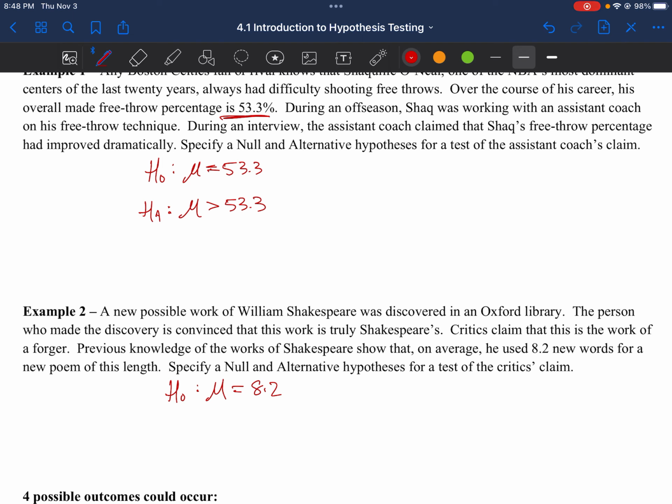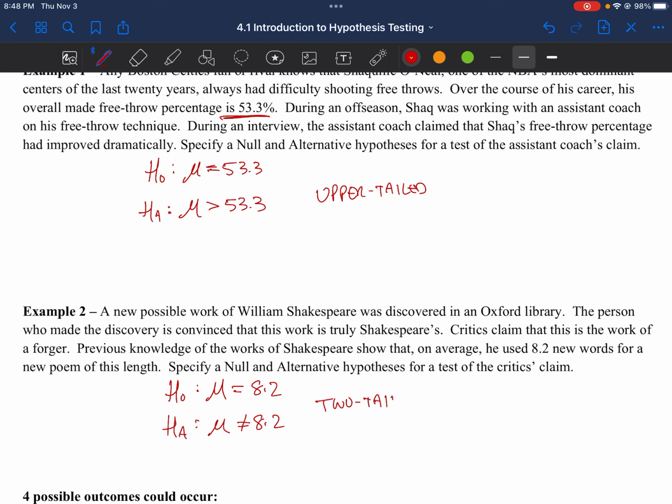But is it statistically significant is the question. And in this case, we don't care if it's more or less. We just want to know, was there a change? Okay? So this is an upper-tailed hypothesis test, and this one is a two-tailed.